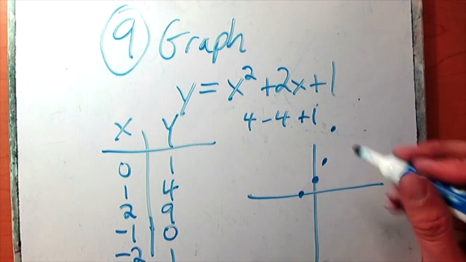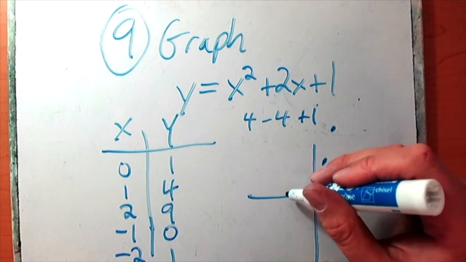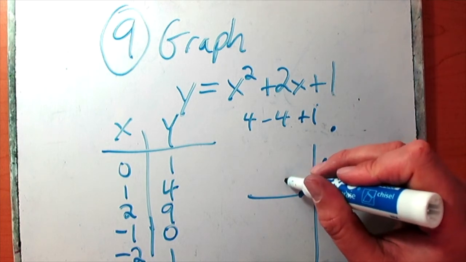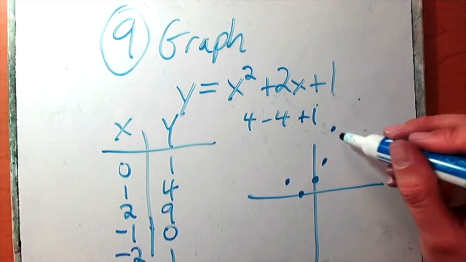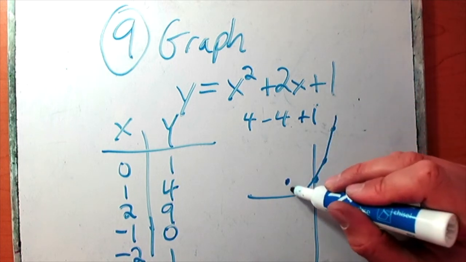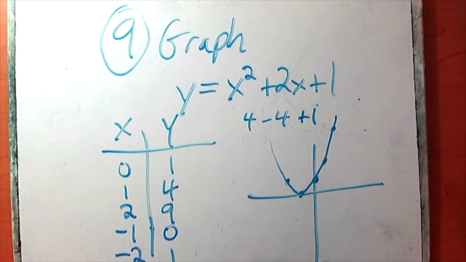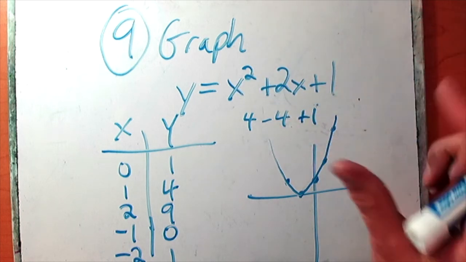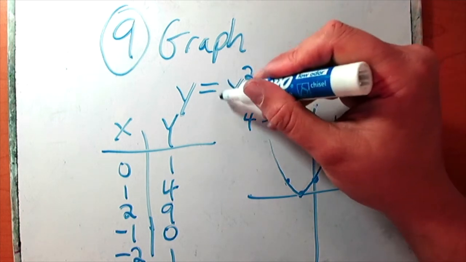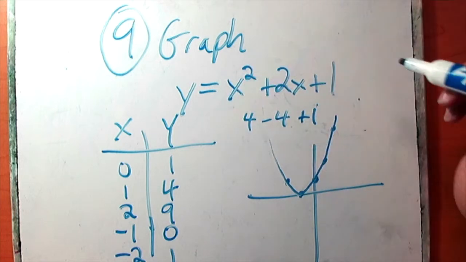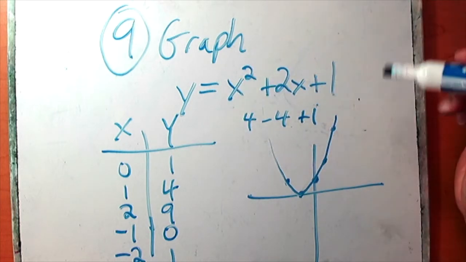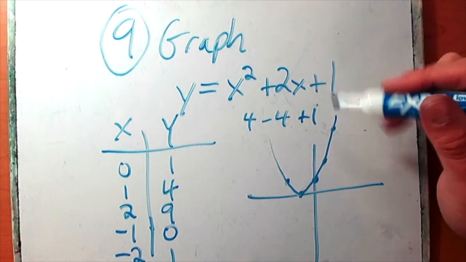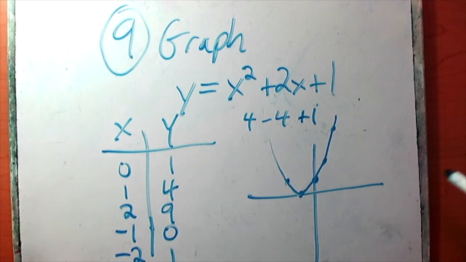Okay, that seems familiar from what we had. And if x equals negative 2, then y equals 1. And that looks a heck of a lot like the other graph that we had. Remember, it's a quadratic. Remember that it opens up because there's a plus value here. You can do the same thing with the degree and leading coefficient that we did before.